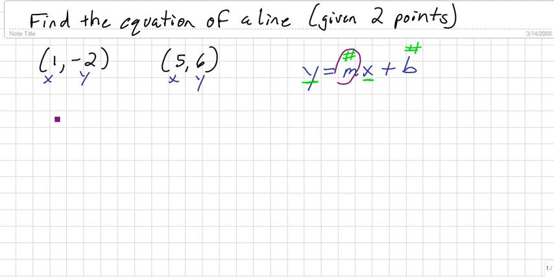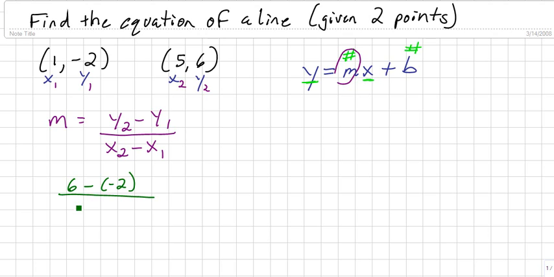So remember, to find a slope between 2 points, we use the y2 minus the y1 over the x2 minus the x1. So in this case, I'll call these my x2, y2, and x1, y1. So I substitute those values in, and I get 6 minus a -2 over the quantity 5 minus 1.